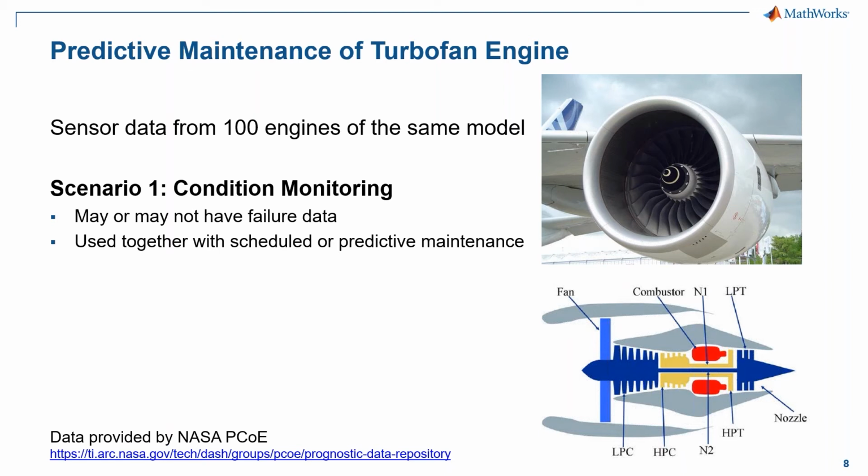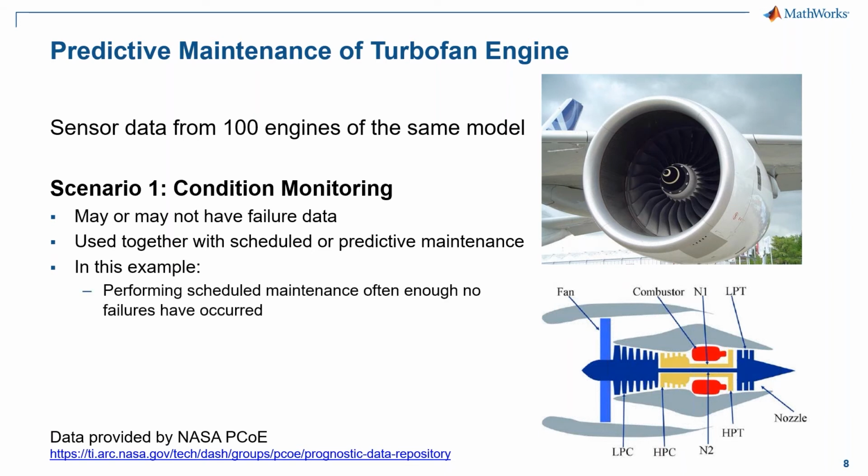Generally, it'll be scheduled, but you might have some sort of predictive system set up as well. Now, in this particular example, we're going to always be performing maintenance often enough so that there's no failures in our data set. Additionally, we do have some extra information from our maintenance crews telling us which engines could have run for longer and which ones were in pretty dire need of maintenance when they came in.